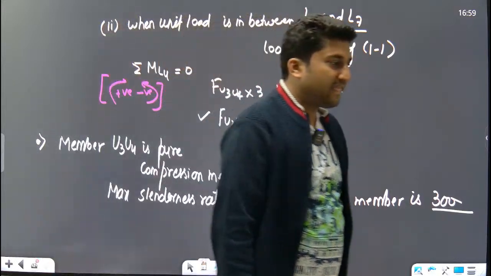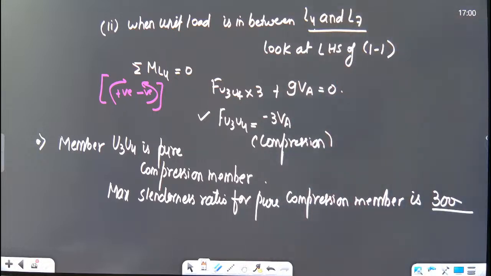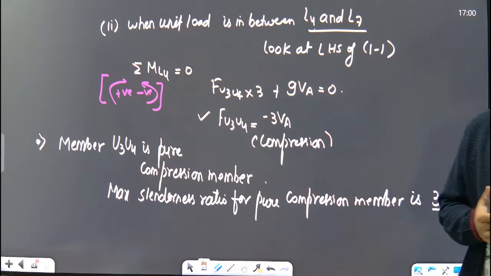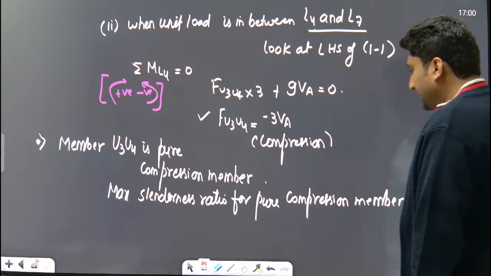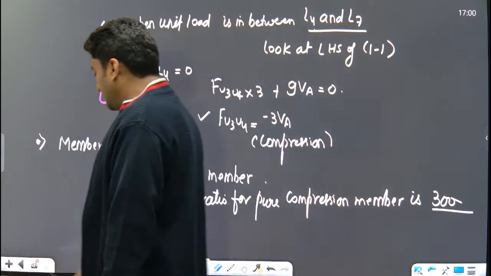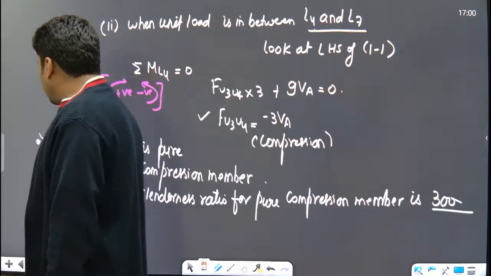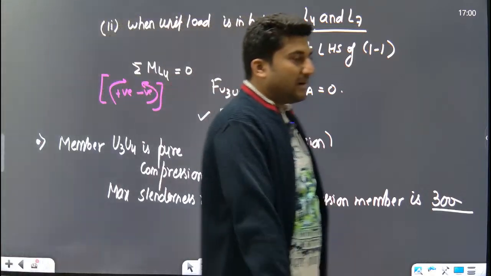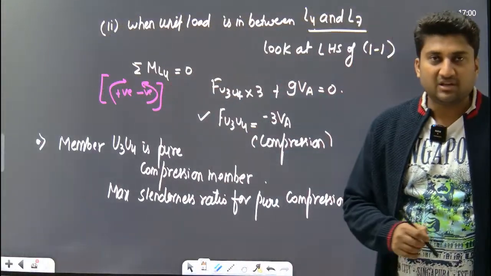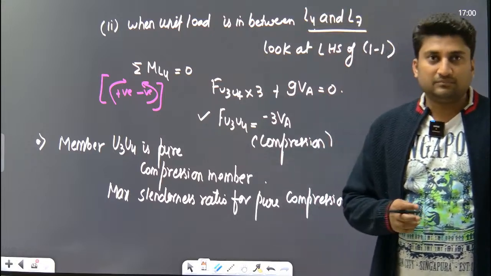Understood? This is it guys. You can revise the concept. Okay, this is it for today's class. From these concepts you can solve the previous year questions. I have taken almost all the important things for the examination.